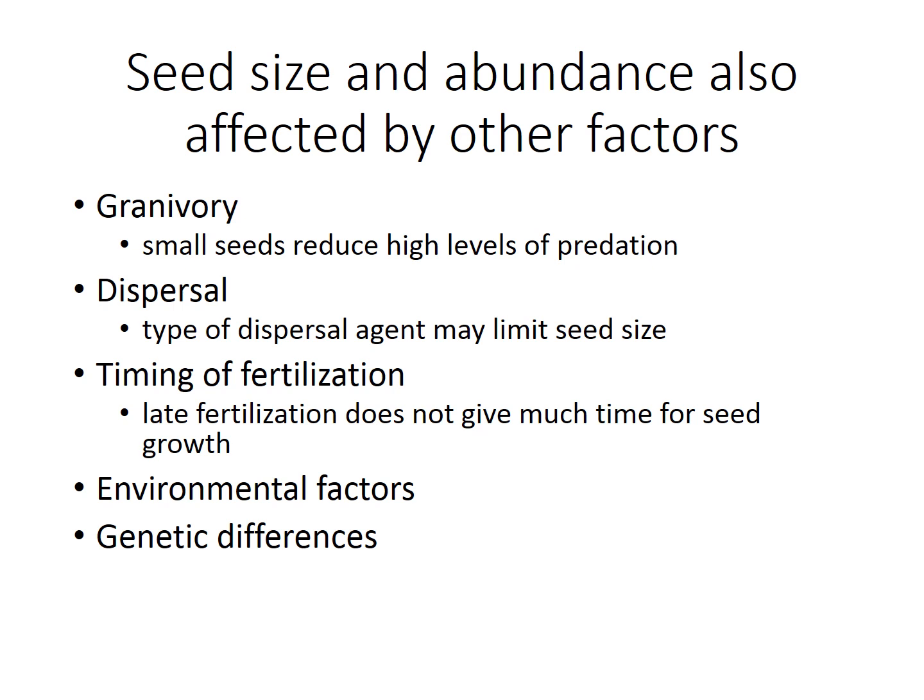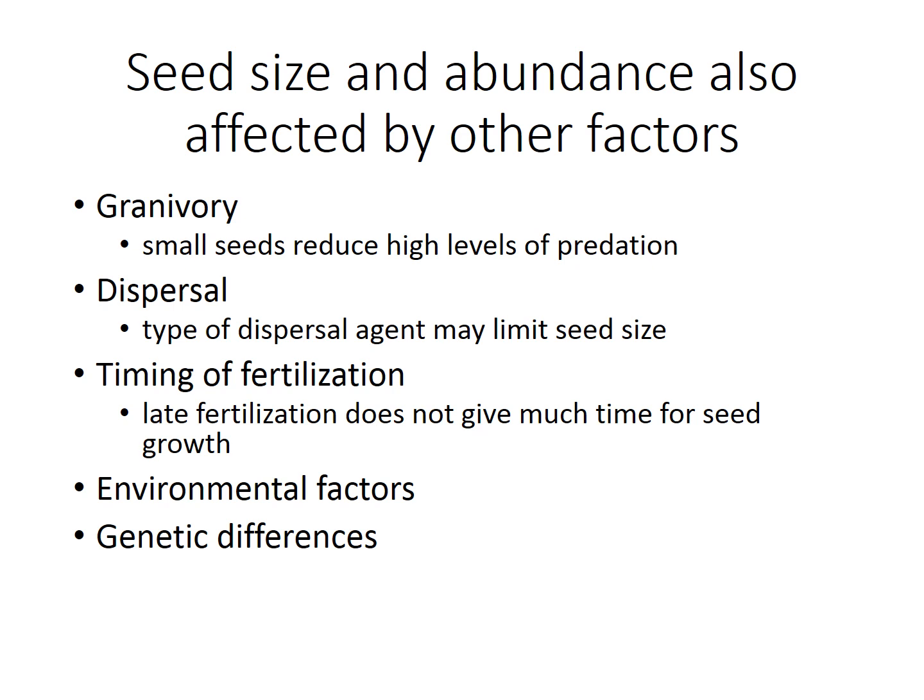As an example, even if a plant is able to produce larger seeds, smaller seeds might be a benefit in an area where there are many granivores, in other words, many animals that are eating seeds, because they target large seeds. The plant might also not produce very large seeds because its dispersal agent, for example, the bird that disperses it, might be limited by the size of seeds that it can ingest.